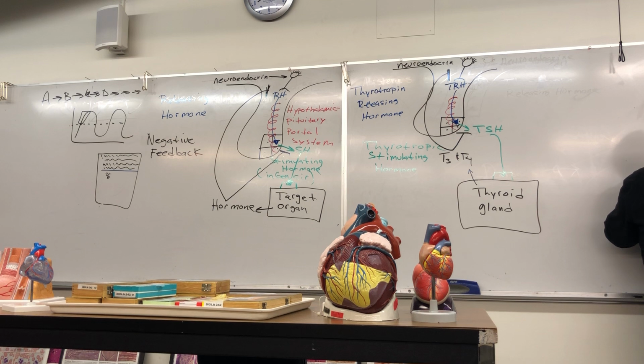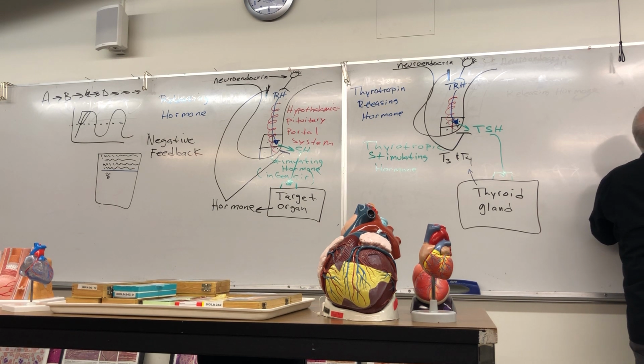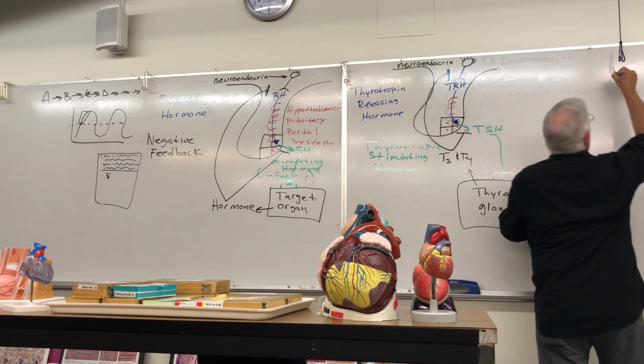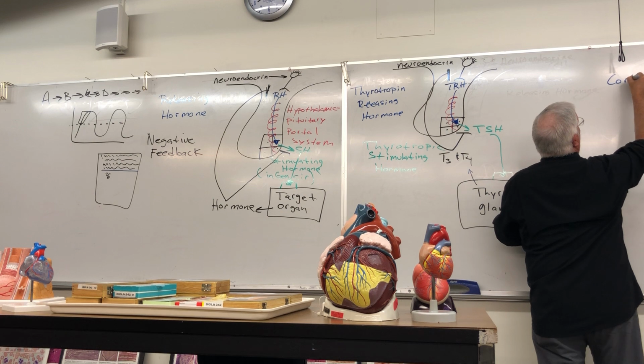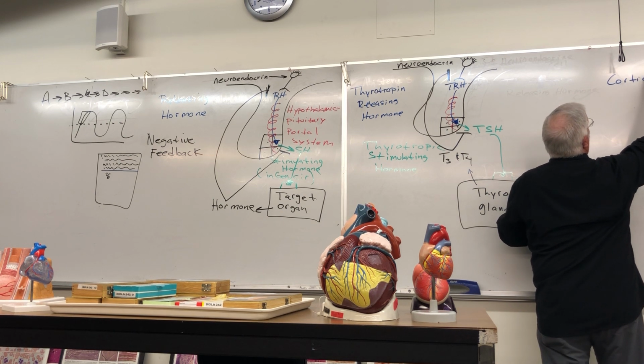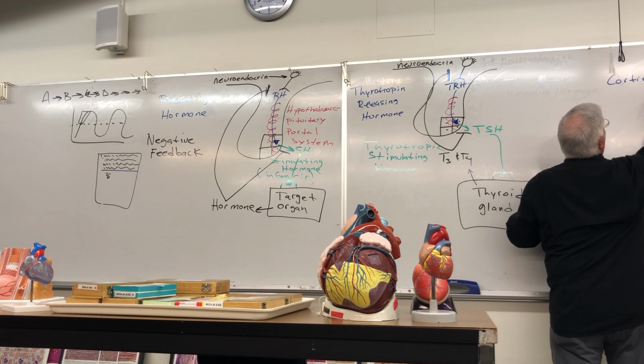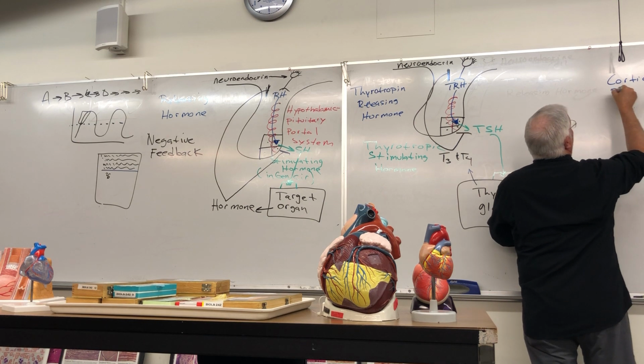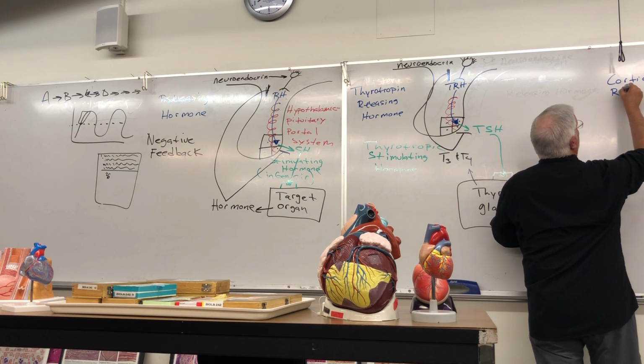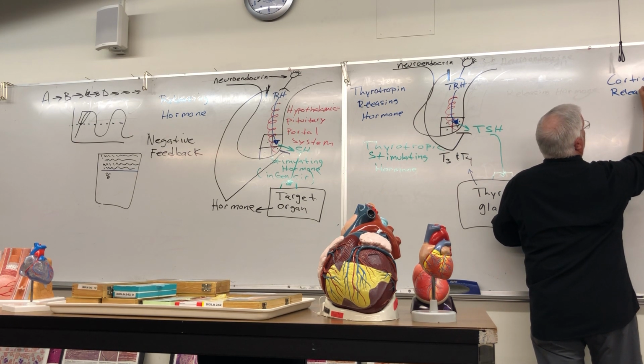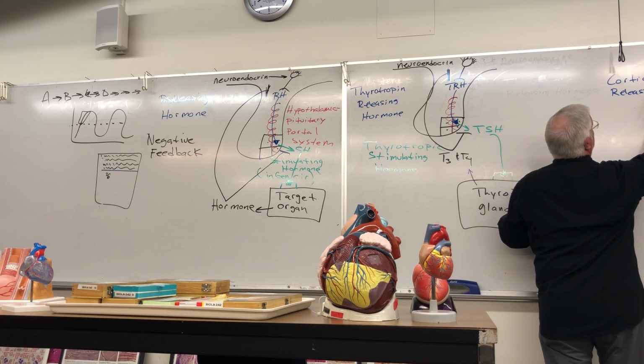It's called CRH. That's nice. It's an RH. I know that it came from a neuroendocrine cell. I know it has to travel through my pituitary portal system to get to the cells of the anterior pituitary. And what does it stand for? And that is corticotropin. Corticotropin releasing or regulatory hormone.